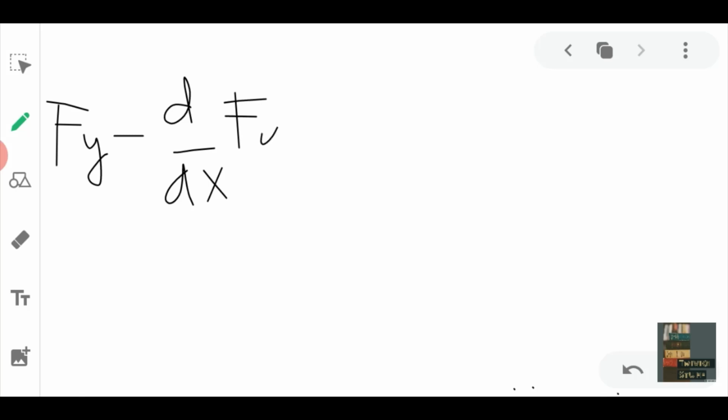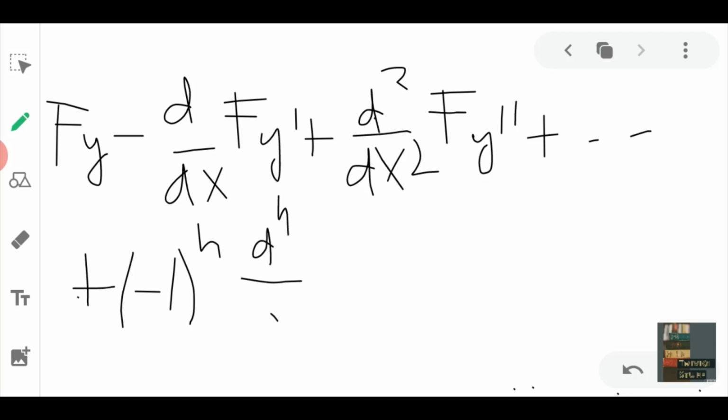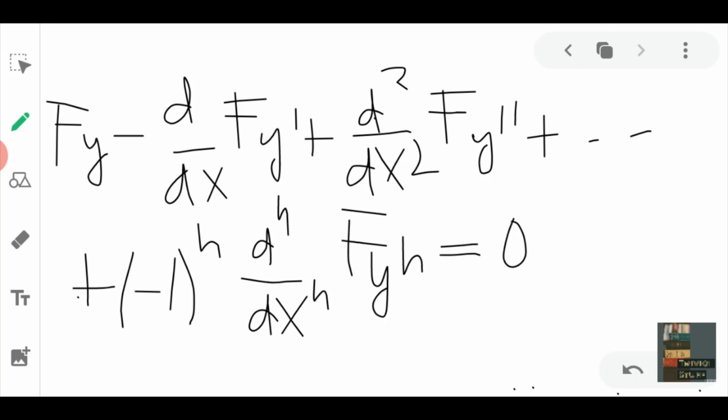So our condition turns out to be the following, equal to 0, which is called, as before, the Euler equation.